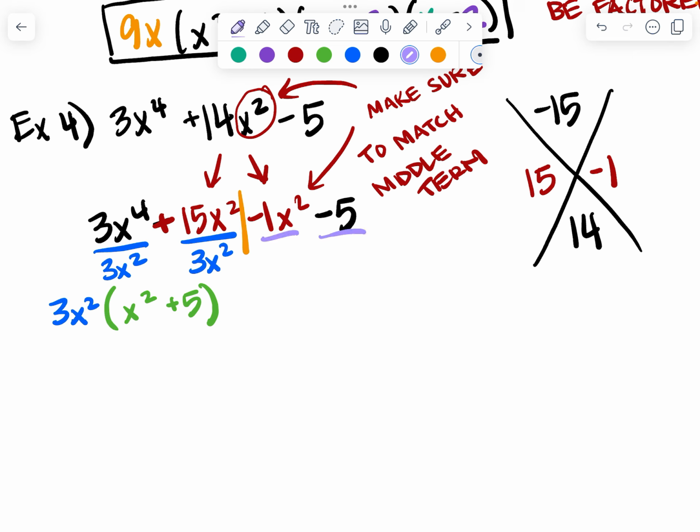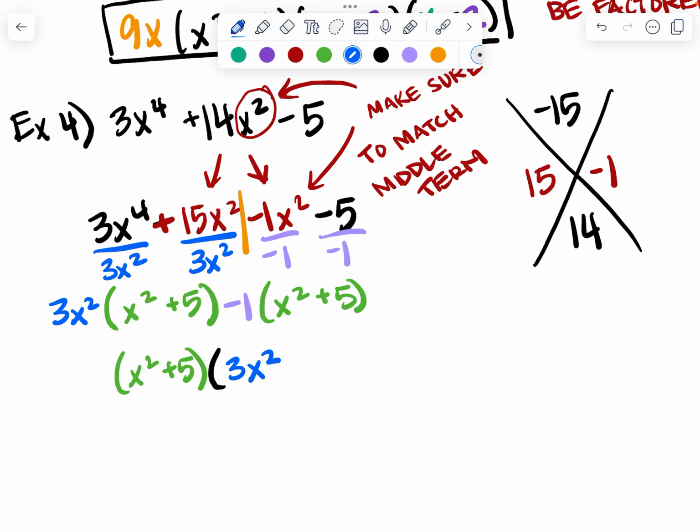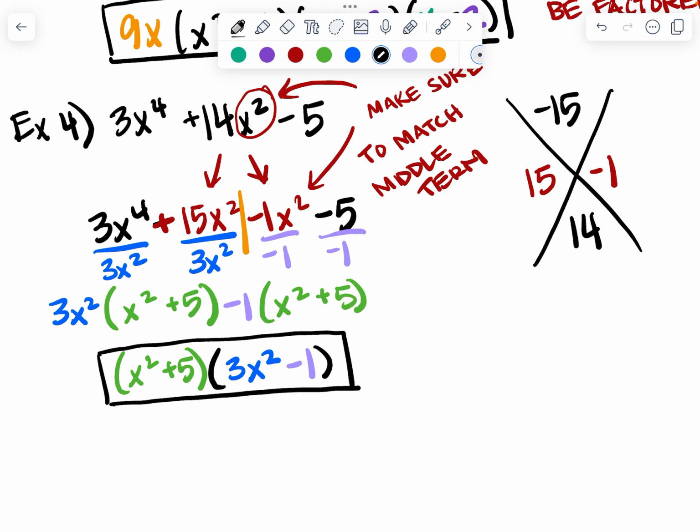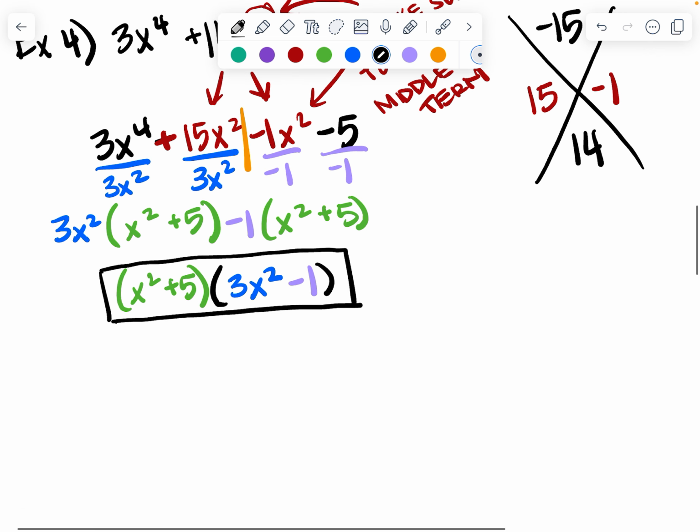And then we'll factor out negative 1. x squared plus 5. And before you're done, always make sure that you don't have a difference of squares before you decide that you're completed and you're moving on. So this does not have a difference of squares. Let's do one more example.